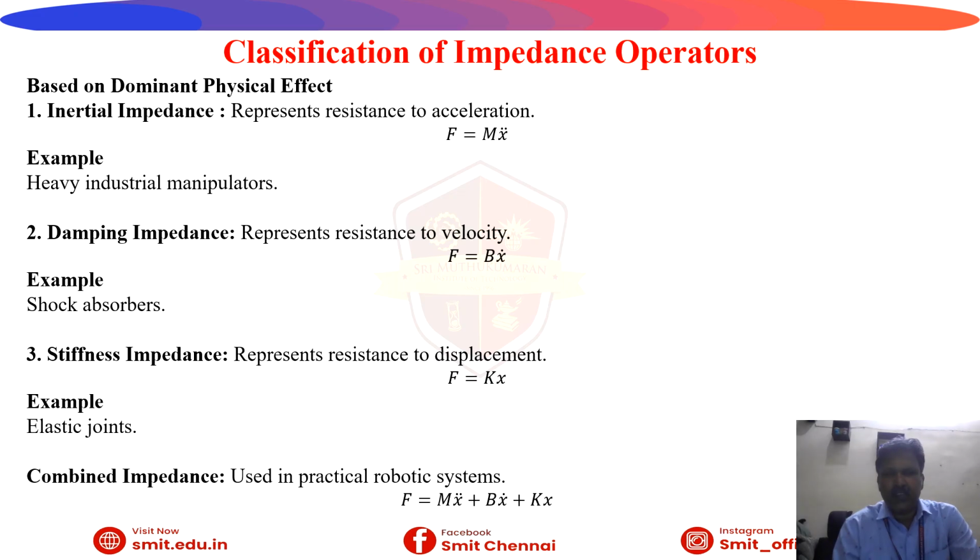Stiffness impedance represents resistance to displacement, F equal to Kx, example elastic joints. Combined impedance, used in practical robotic systems: F equal to M X double dot plus B X dot plus Kx.